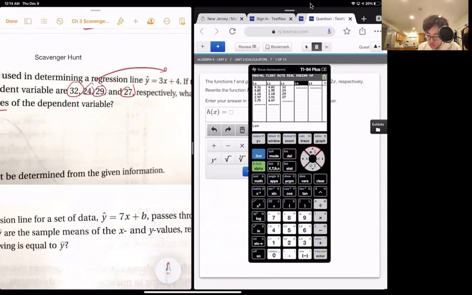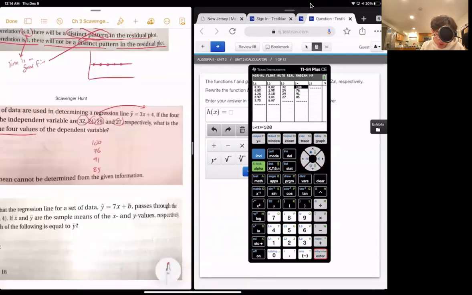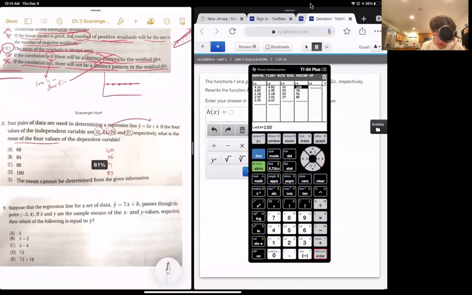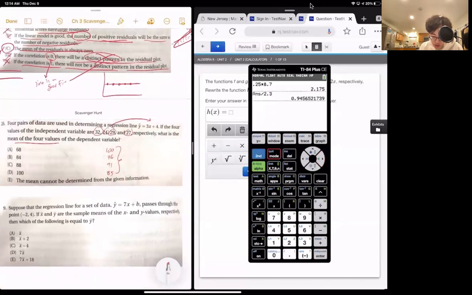And then list 4 is 3 times list 3 plus 4. That gives me all the values: 100, 76, 91, 85. They ask for the mean of the 4 values of the dependent variable. So 100 plus 76 plus 91 plus 85, divided by 4. The mean is 88.